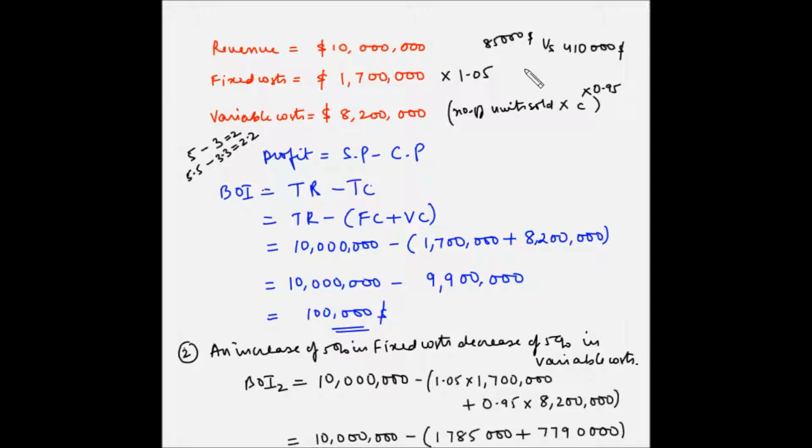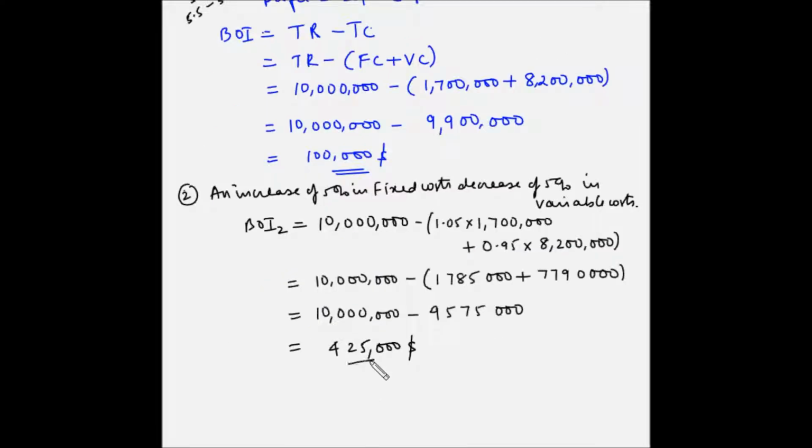So therefore the total cost has reduced by $325,000, which means that the total budgeted operating income will increase by $325,000, which is what has happened. So 100,000 was the original BOI, and plus 325,000 becomes 425,000, and that is what we got here.